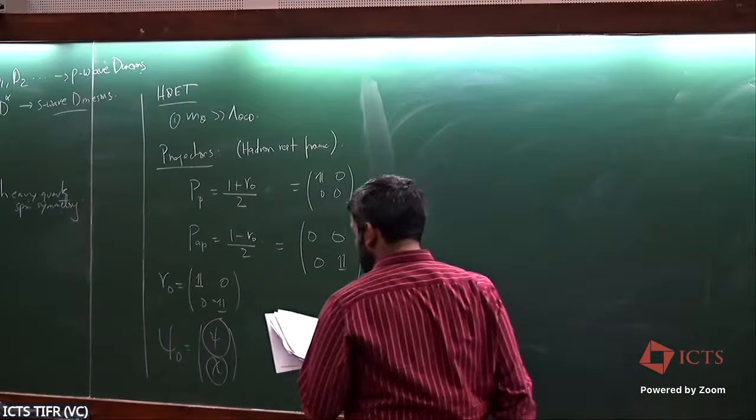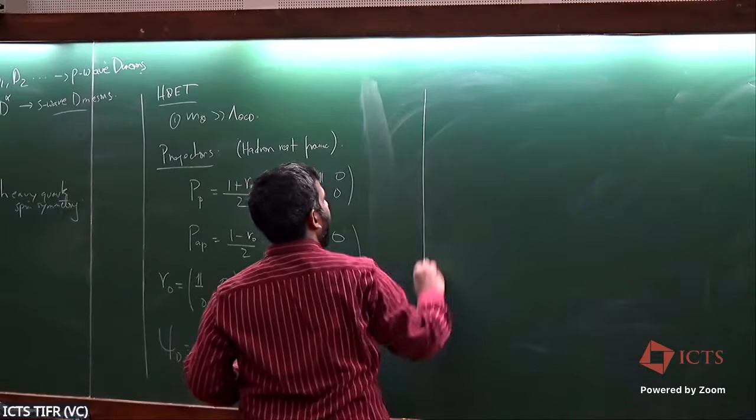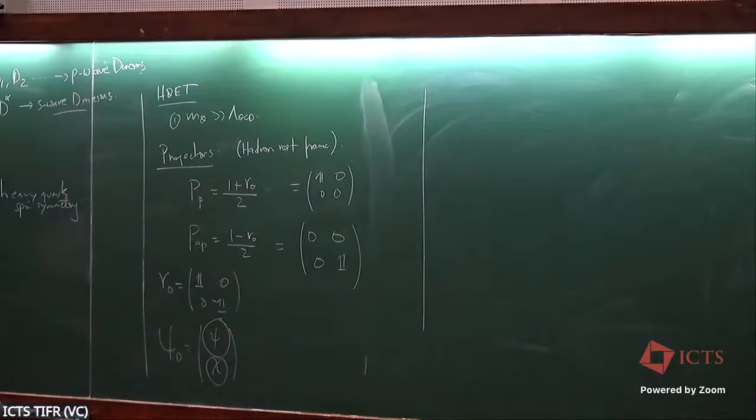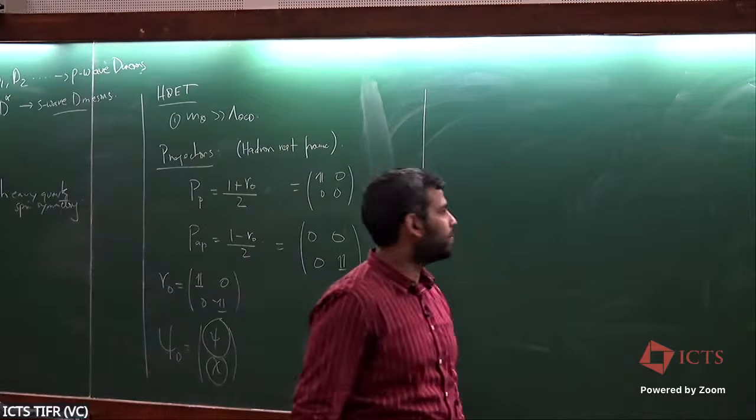So the thing is, I want to describe the fluctuations of this heavy quark coming from the interactions of the soft gluons in this soup. There is some gluon exchange happening between the heavy quark and the light degrees of freedom. And my goal is to describe the fluctuations around this heavy quark condition.